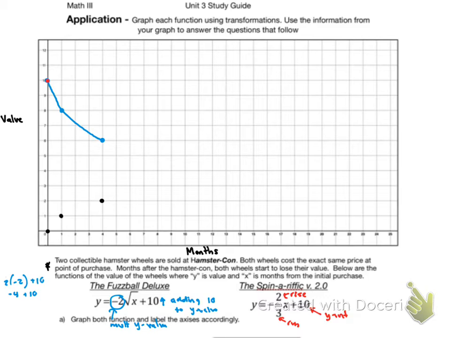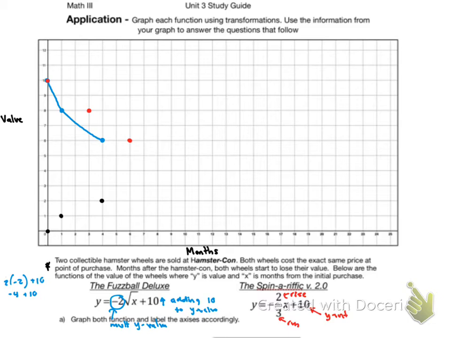There's 10. And then we go down 2 over 3. So down 1, down 2, over 3. 1, 2, 3. There's our point there. Down 1, down 2, over 3. 1, 2, 3. Right there. And so on.